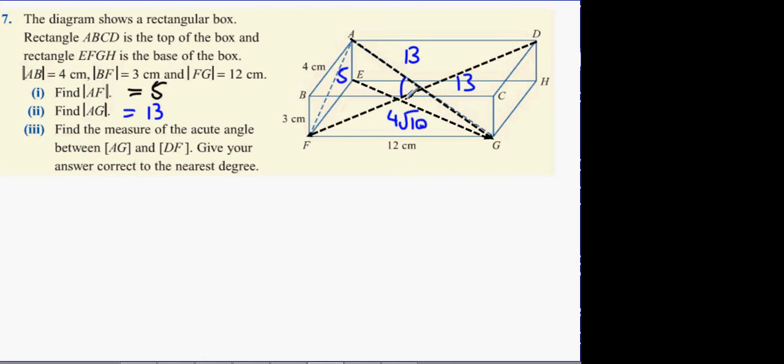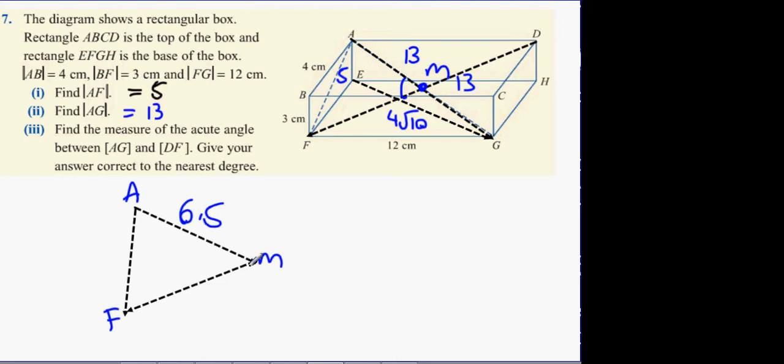I'm going to label this point M, a letter that hasn't been used yet, and draw out the triangle AMF. A to M should be 6.5, and M to F should also be 6.5.